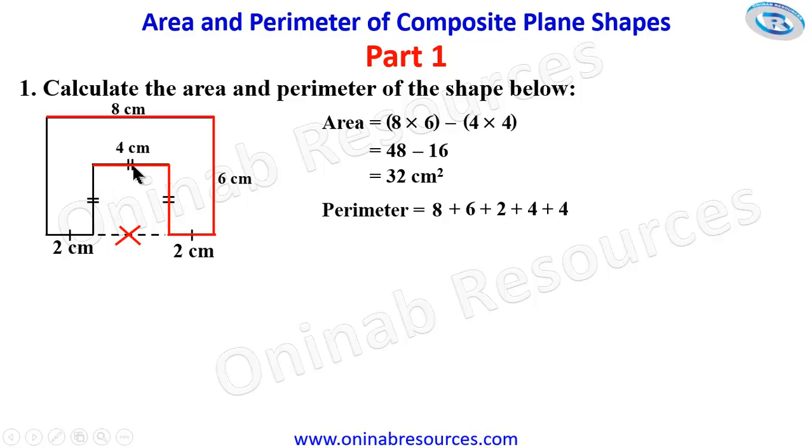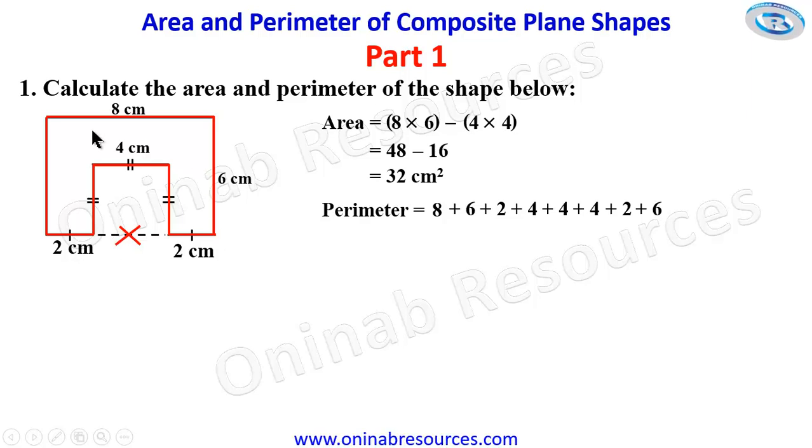So we add the 4. Then downward, we add the 4. Then to the left, this is 2 centimeters plus 2. And back to where we started from. And this is 6 centimeters. So we add 6.